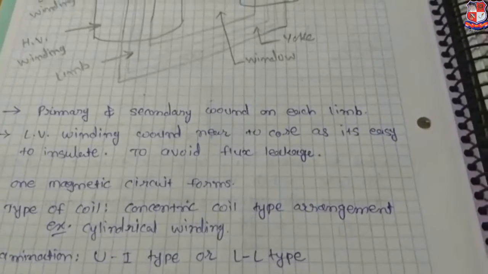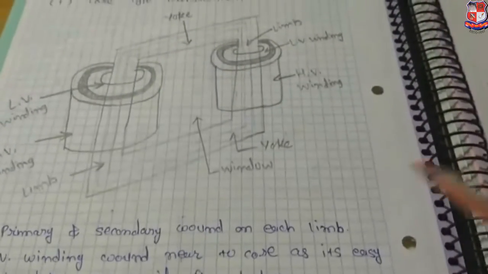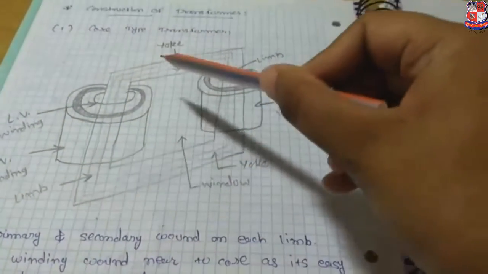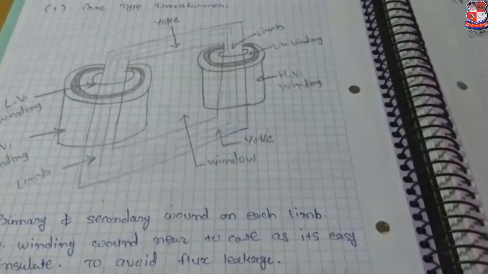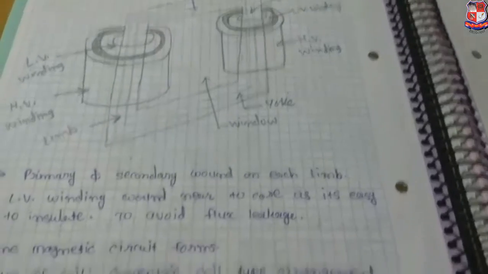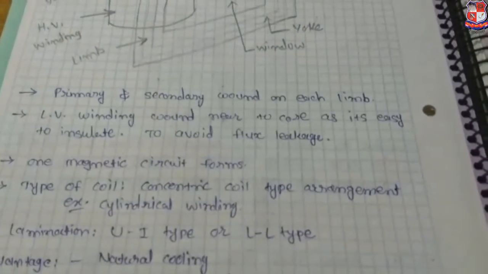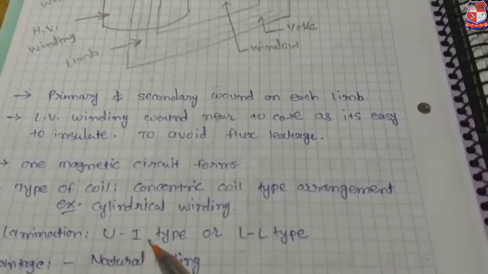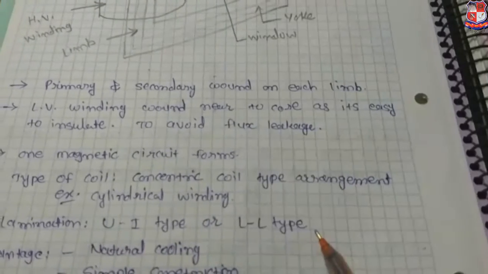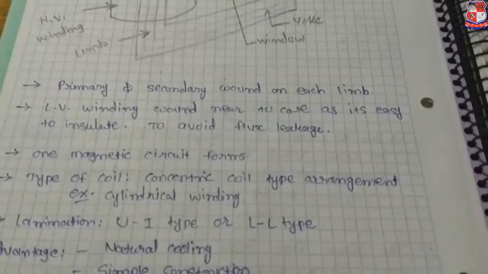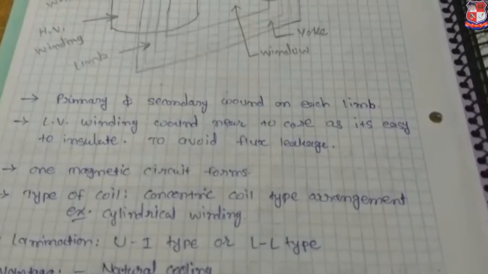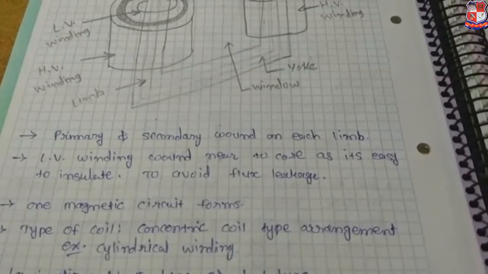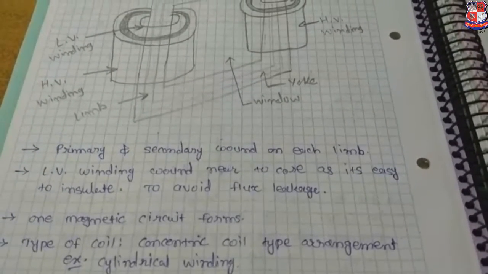And as we know that the transformer core will be of laminated strips, so the lamination for this type of transformer will be UI type or LL type. So this is the basic core type of transformer, in which we will get only one magnetic circuit.